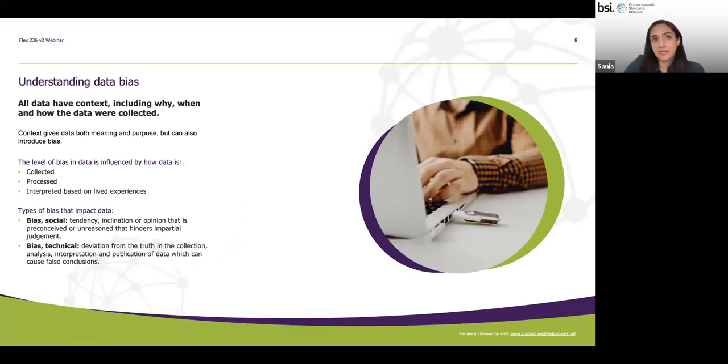So coming on to understanding bias. Now, what's critical to understand is that all data have context. It is not neutral. It's not objective. The context of data is the why, when, and how data were collected. And this context gives data both its meaning and its purpose, but can also introduce bias. Now, I want to flag that none of us are without bias.